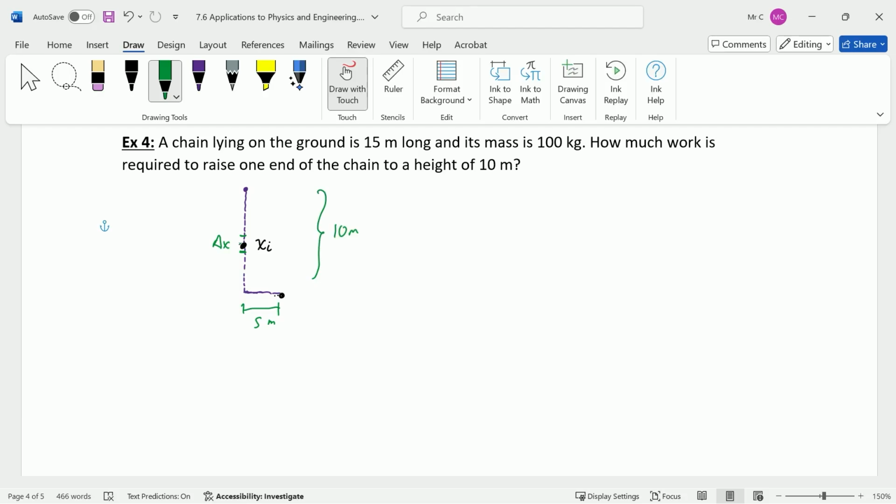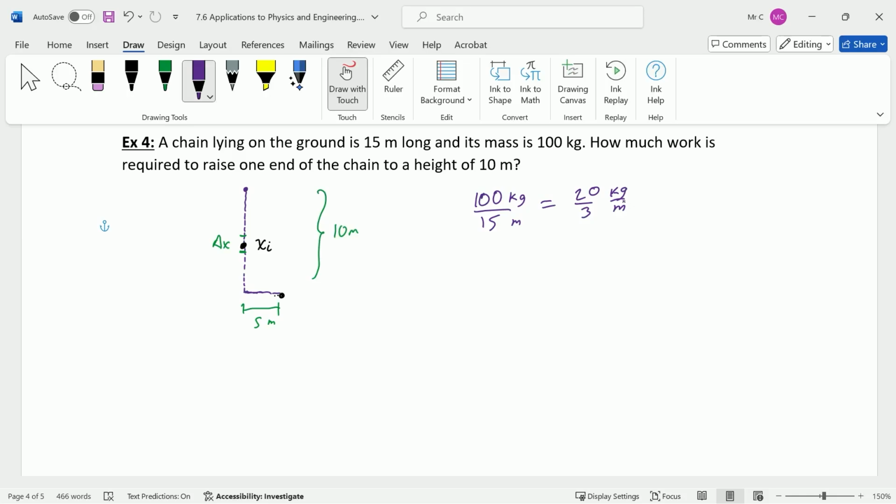So in other words, I need to know how much weight does each foot, or each meter, I should say, of the chain have. So the chain is 100 kilograms total and 15 meters long. So 100 kilograms divided by 15 meters simplifies to 20/3 kilograms per meter.